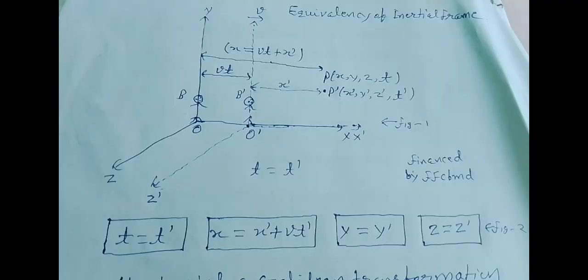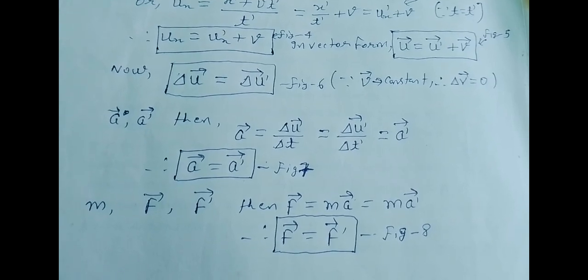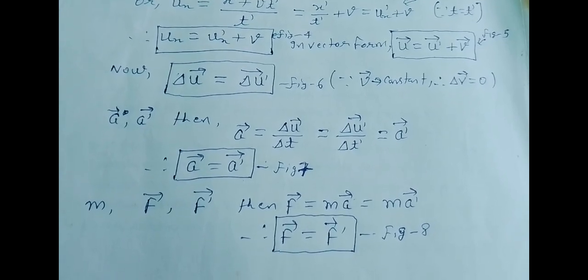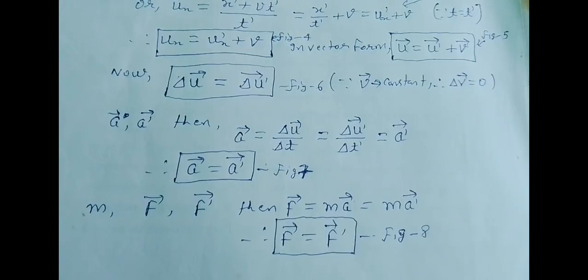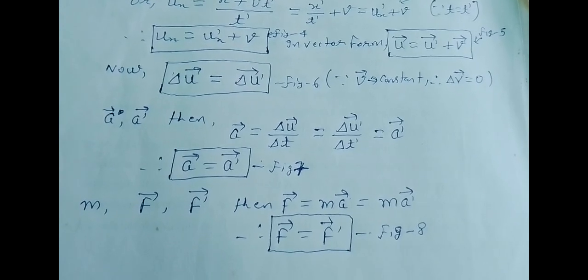So we can write F vector equals F dash vector. We can see it from these figures. Figure 7 represents the relation between a vector and a dash vector, and figure 8 represents the relation between F vector and F dash vector.